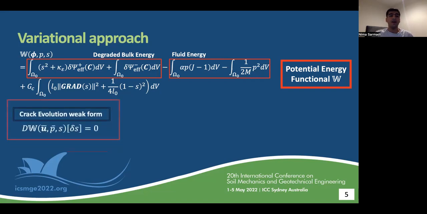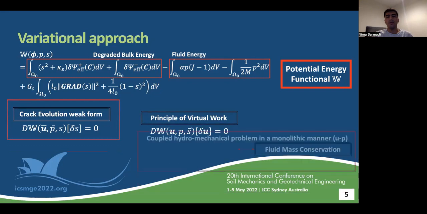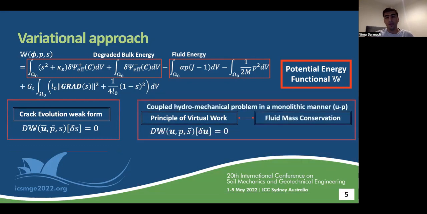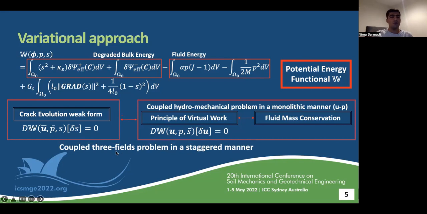If we take the variational approach and take the derivative of this potential energy with respect to arbitrary damage, we get the weak form of the crack evolution. If we take the derivative with respect to arbitrary displacements, we get the principle of virtual work, and we can then couple it with the fluid mass conservation, which gives us our hydromechanical model. This hydromechanical model is then coupled with the crack evolution model in a staggered manner to solve for all these three field problems.